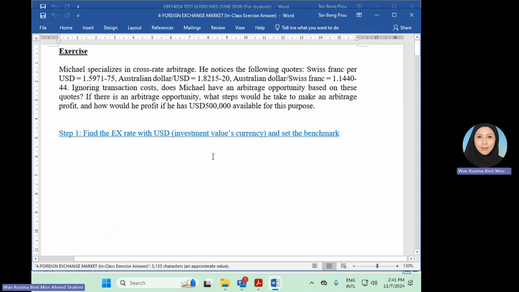So first, find the exchange rate with USD, the investment value, and set the benchmark. Write it down.